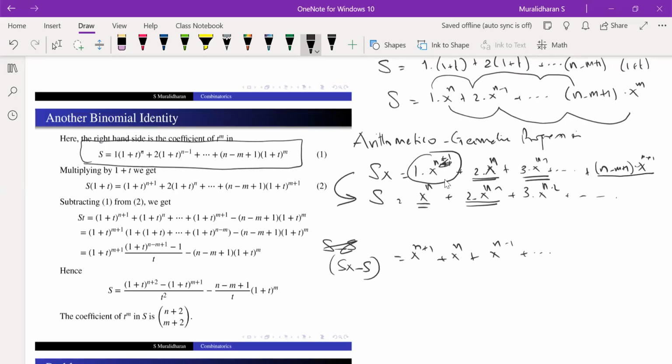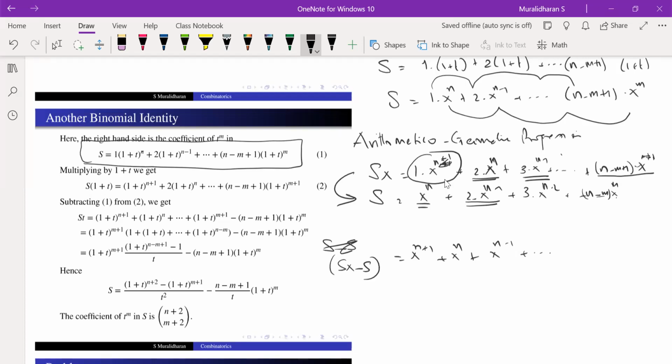The previous term would have been n minus m into x power m. What am I doing? So what is the previous term? This is n minus m into x power m.